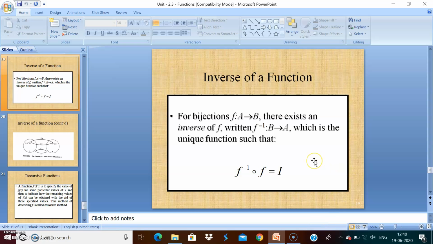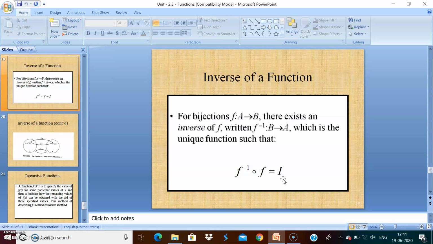Next is the inverse function. Let A, B be two non-empty sets, and a function f from A to B. There exists an inverse of f, written f inverse from B to A, which is the unique function such that f inverse composed with f is the identity function.